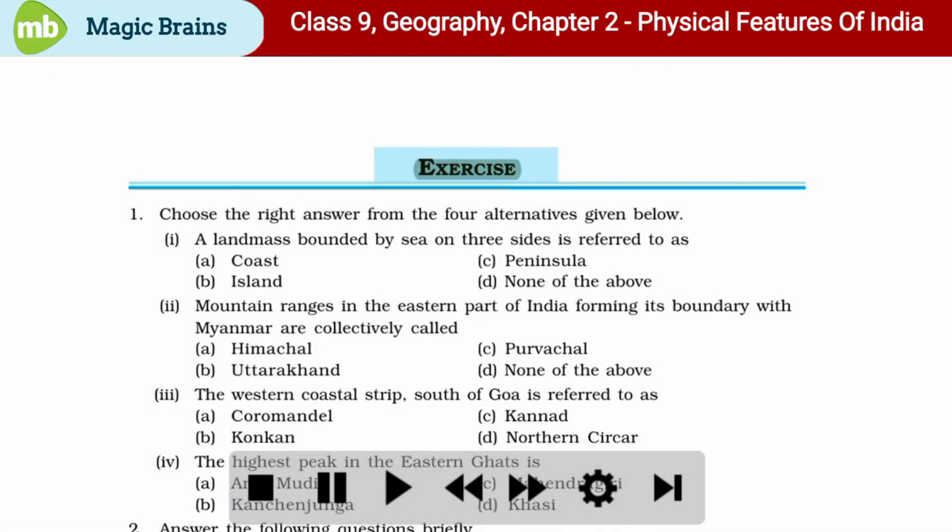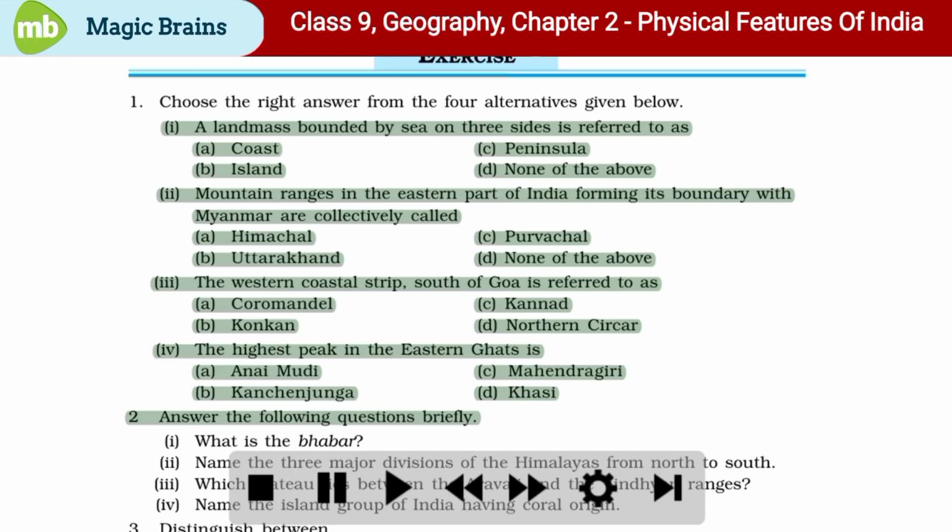Exercise. Question 1. Choose the right answer from the following alternatives given below. 1. A landmass bounded by sea on three sides is referred to as A. Coast, B. Island, C. Peninsula, or D. None of the above. 2.